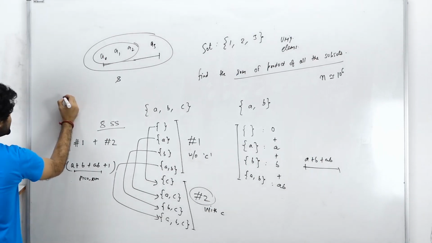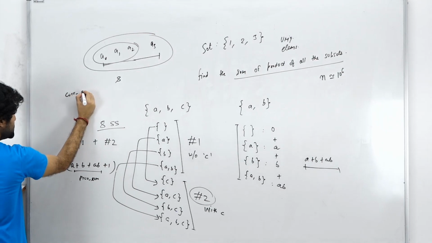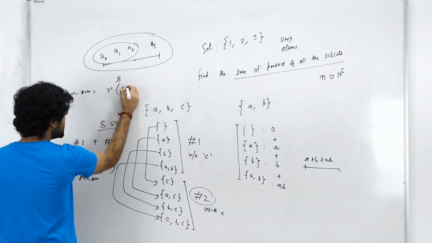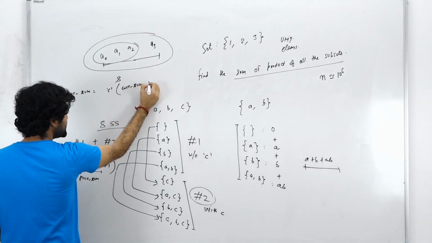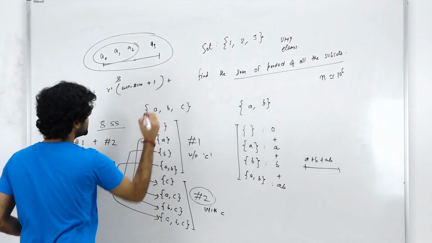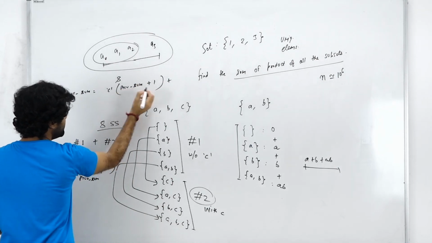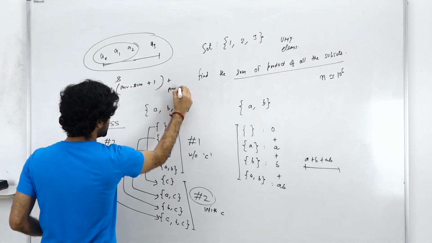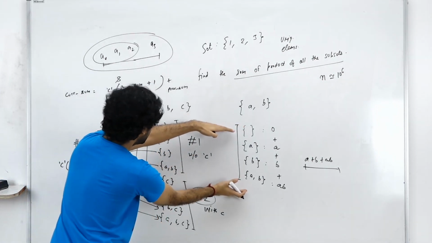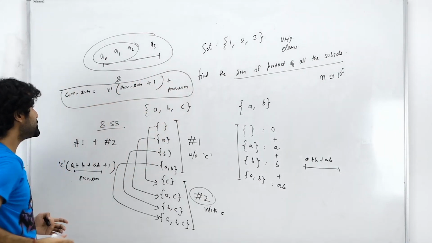So I can say that if a new element C comes, then my current sum will be the new element multiplied by previous sum plus 1, which is my category 2, plus previous sum. Why? Because this previous sum is category 1, which will continue to be a part of this entire thing.